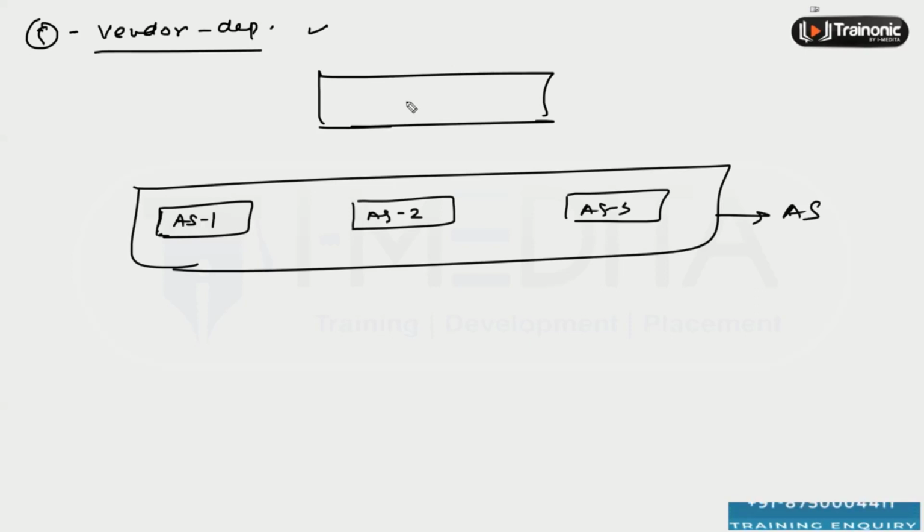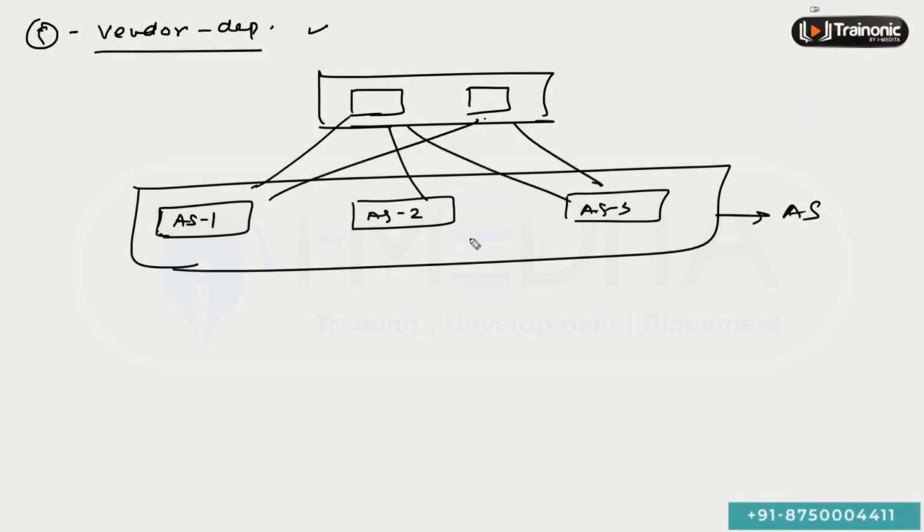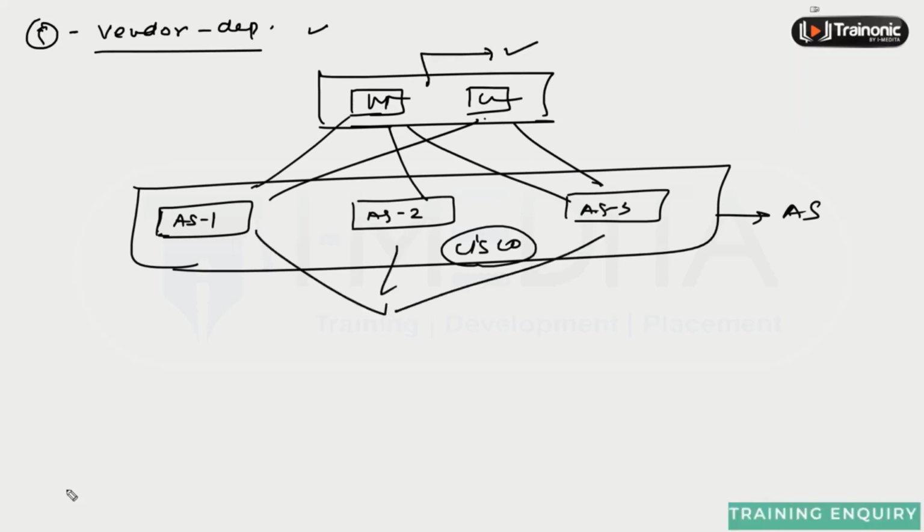I want to use a switch from some other vendor, and I want to connect it like this. So all the switches that we have here are Cisco switches, and here we have some different switches. This could be any vendor, like HP or any other vendor. In that case, how are you going to do the management of these switches, how are you going to take management-level access of these switches?